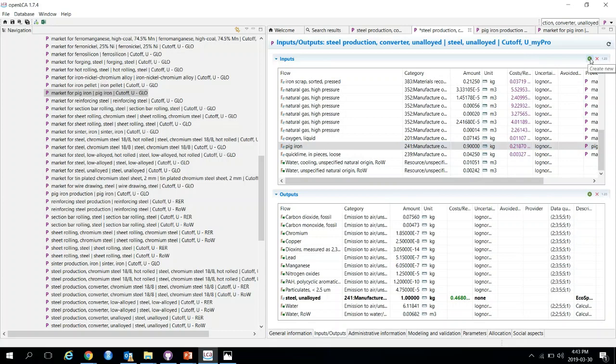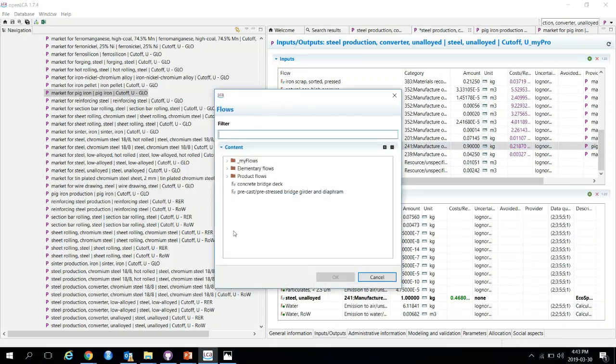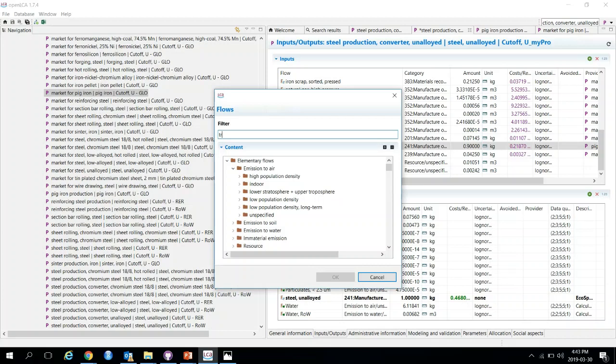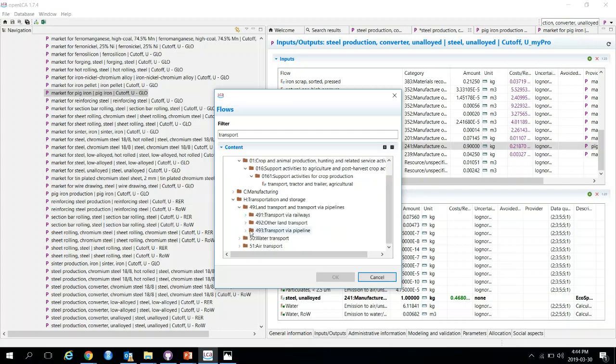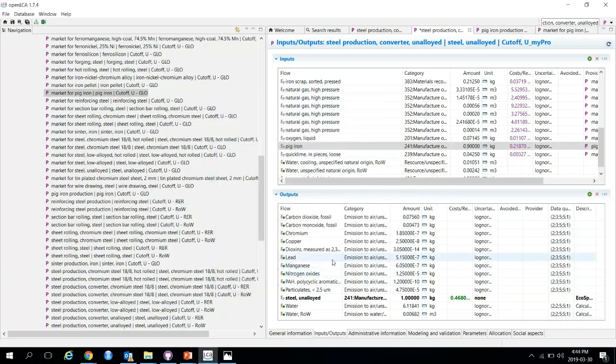So what I'm going to do is add transport, and I'm going to assume the pig iron is transported to the steel mill via train only, so fairly local production, but we're going to change that to make it more reflective of the client's vertically integrated system. So I'll go to transport, land transport, and we want railways, freight rail, and we just need this transport freight.